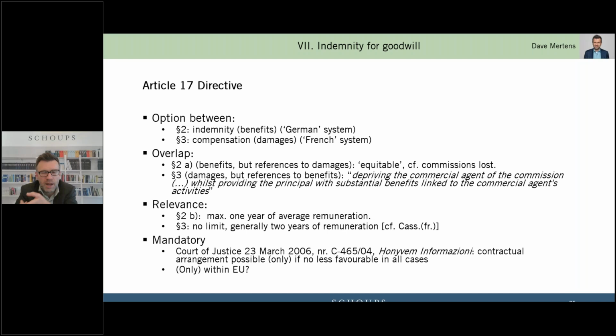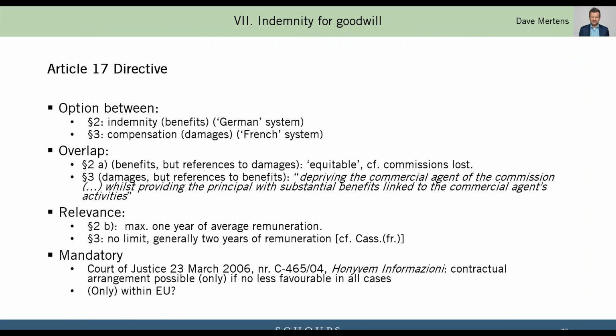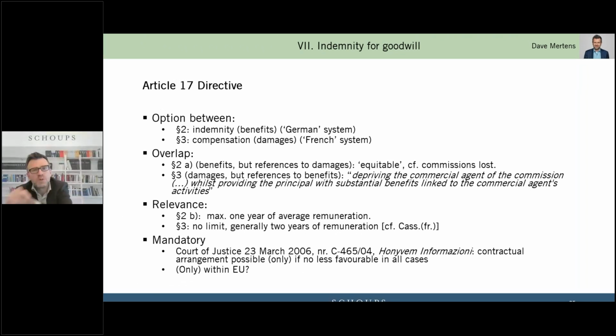So if you cut out the middleman, the intermediary, often in all likelihood, not always, the customers will continue to buy from the principal and not from the agent, even if this agent shortly after termination now also represents other brands, for instance.